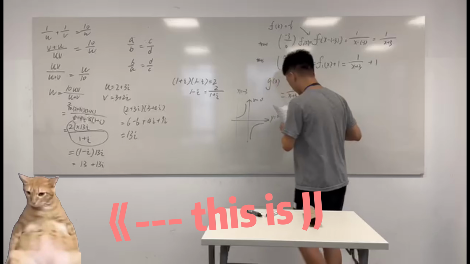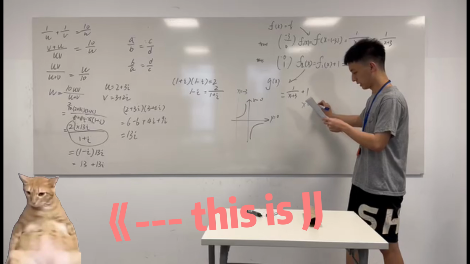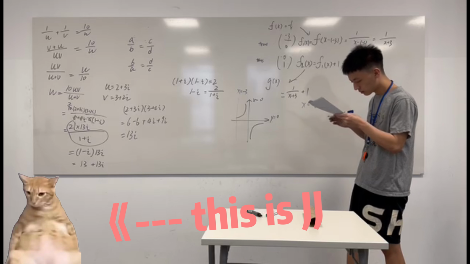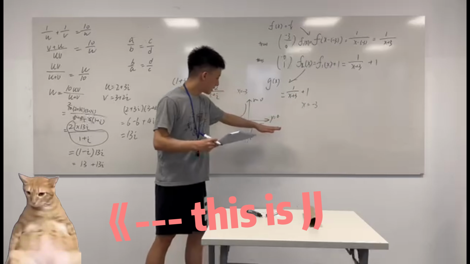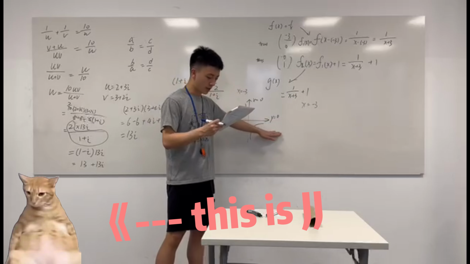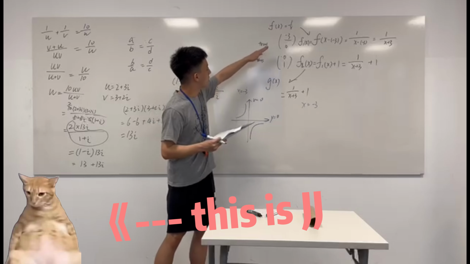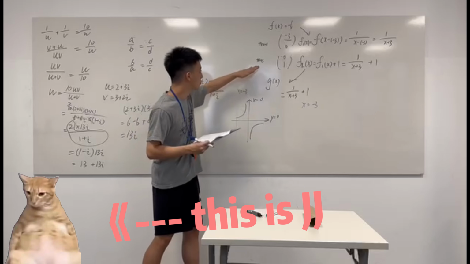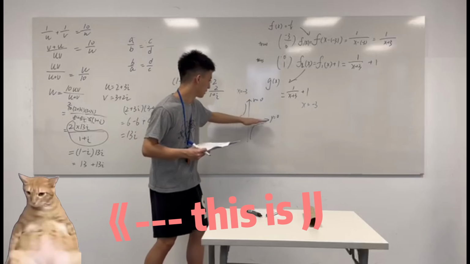So the vertical asymptote is x equal to -3, and it's the same for the horizontal asymptote. The horizontal asymptote y equal to 0, so it moves 3 units to the left, nothing changed, and moves upward 1 unit, so like up.